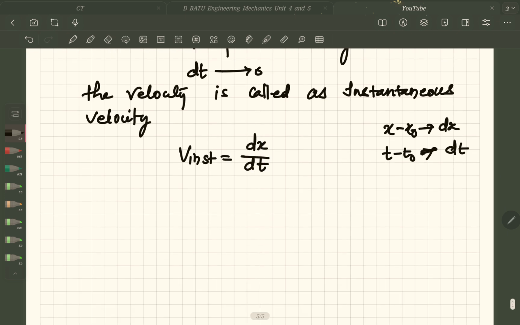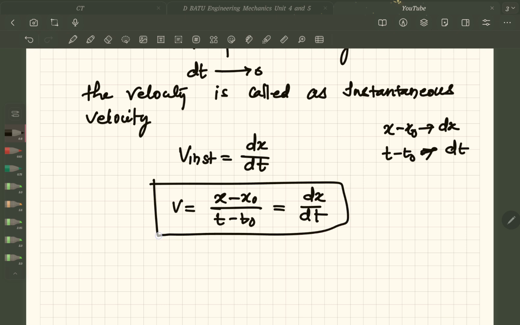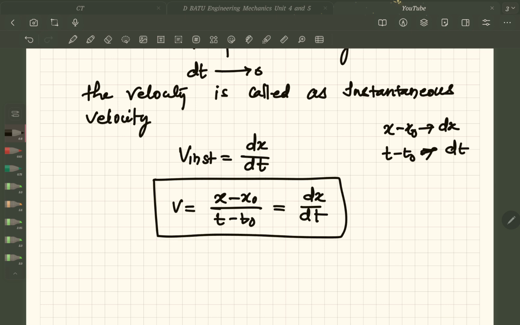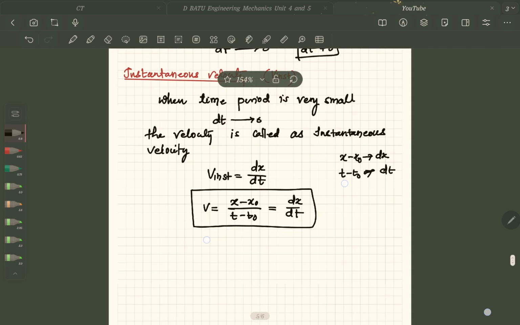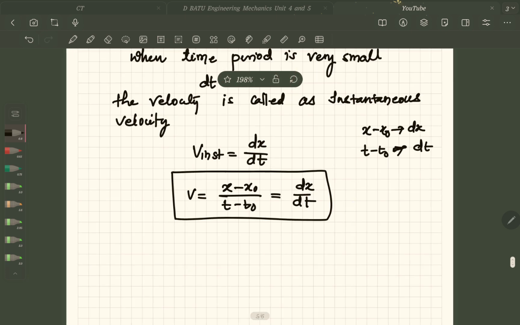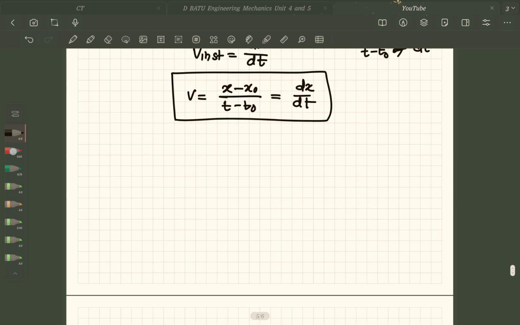In most of the problems we are going to solve, we take v as x minus x0 upon t minus t0, and we consider this as equal to dx by dt. Both equations will be used interchangeably so that it is easier for us to solve the problems. So this is how we find the velocity, the instantaneous velocity or the average velocity.